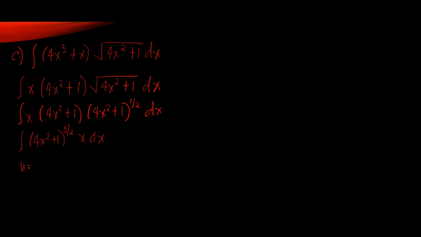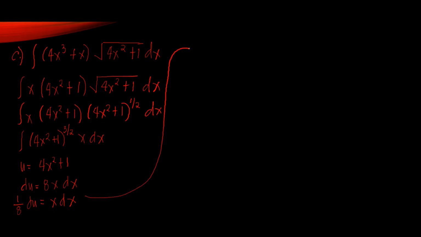So let u be equal to 4x squared plus 1 and your du will be equal to power rule, that is 8x dx. So we will have a value of x dx since may x dx tayo dito. So 1 over 8 du is equal to x dx. So we can use this to substitute.